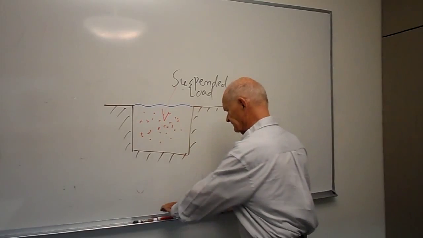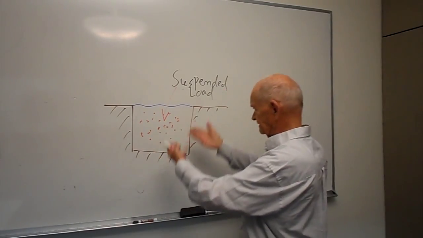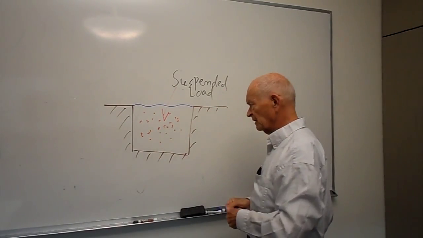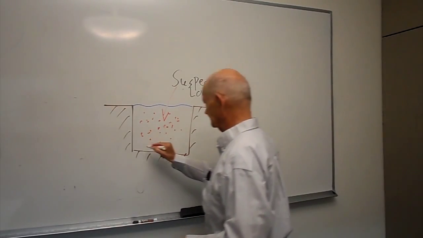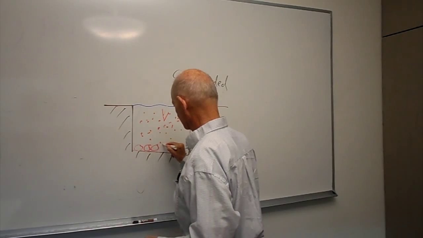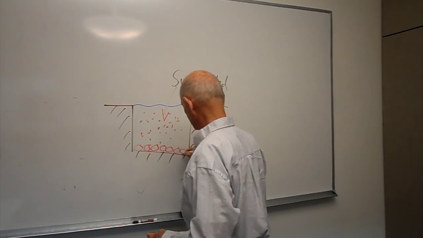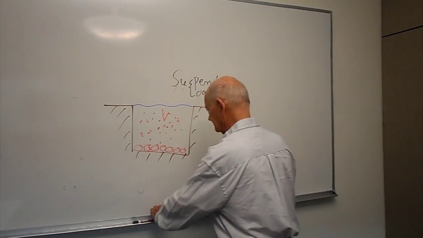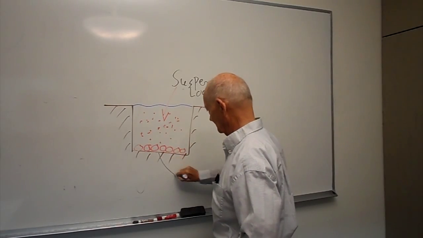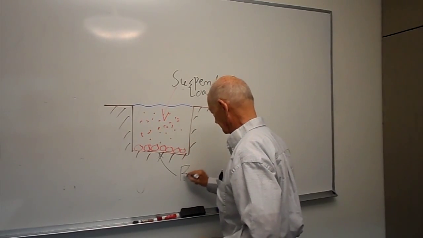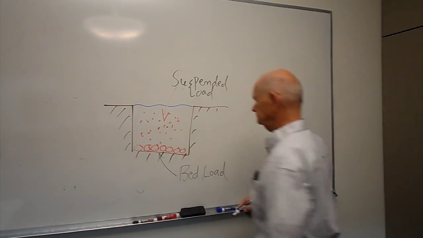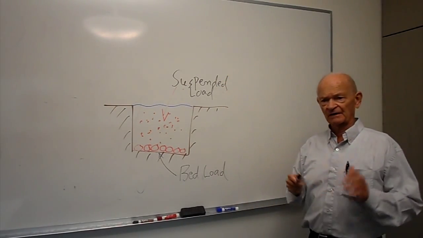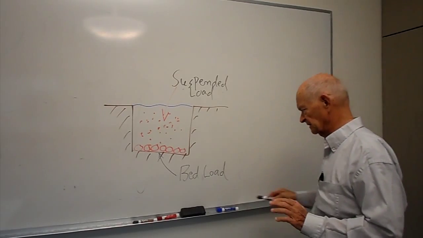Now, along the bottom, there's material that can't be suspended in the moving water, but which can be dragged or rolled along the bottom. Material down here, it's on the bed of the stream, so we call it the bed load. Now, some streams carry an enormous amount of material.